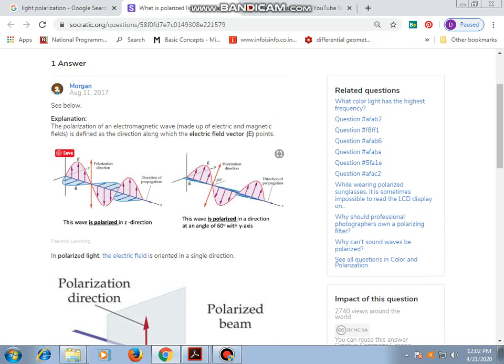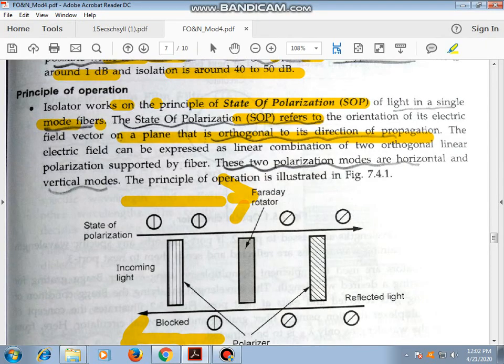You can call this type of signal flow a polarization.